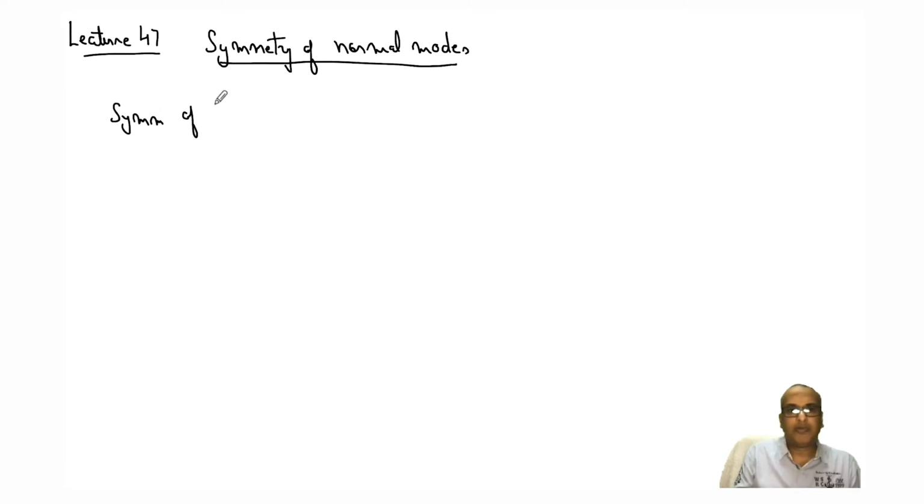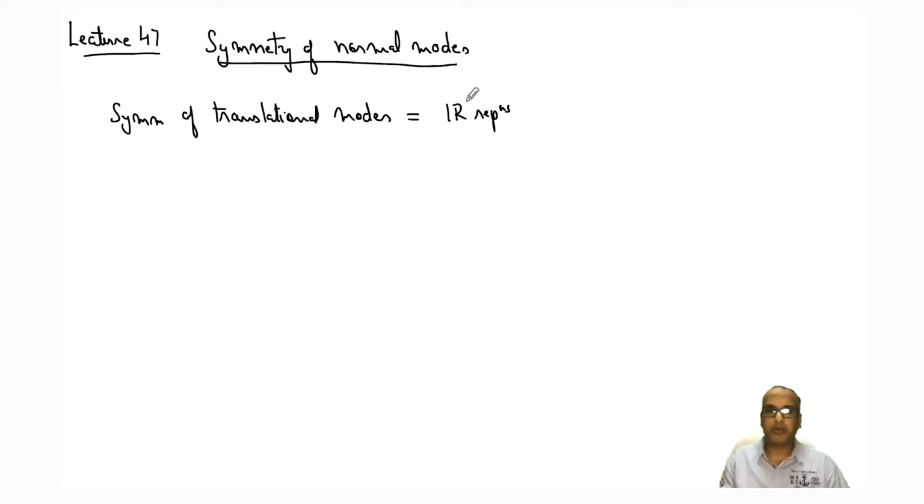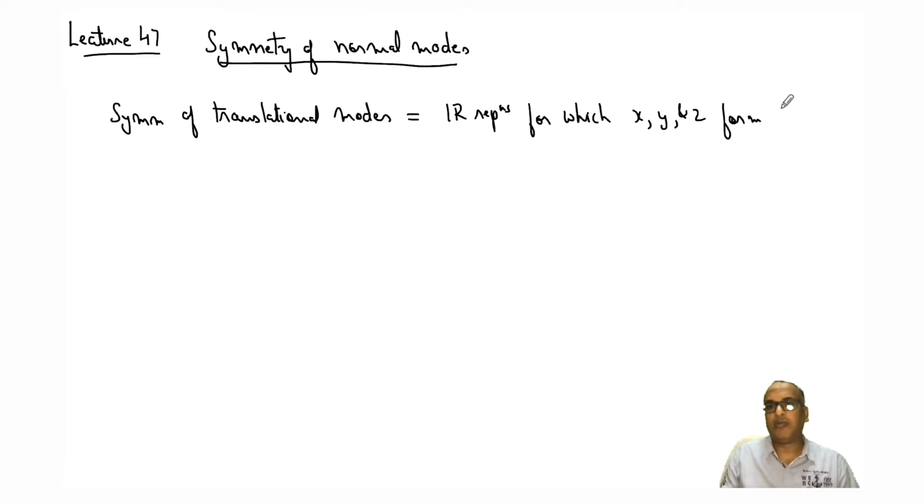Symmetry of translational modes is basically the IR representations under that particular point group to which the molecule belongs, for which X, Y, and Z form the basis, right?